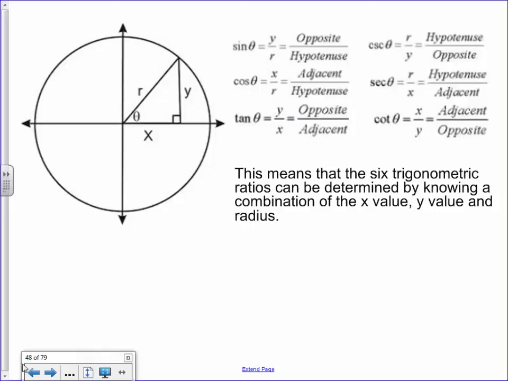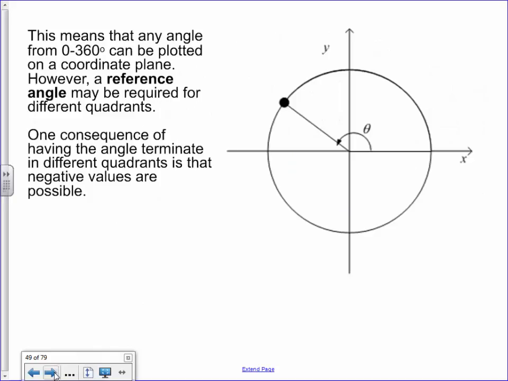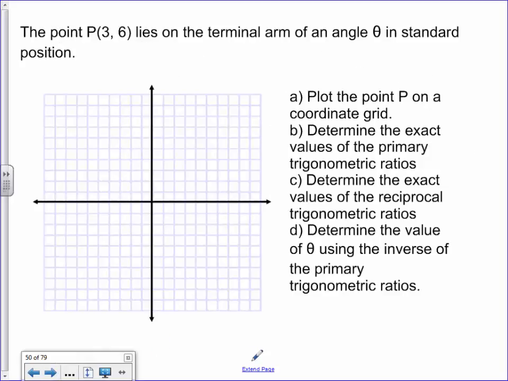Okay, let's try an example where we actually get to do something here. Here's a typical question I'll ask you. Plot the point 3, 6 on a grid. Where would 3, 6 go? That means go over 3, go up 6.